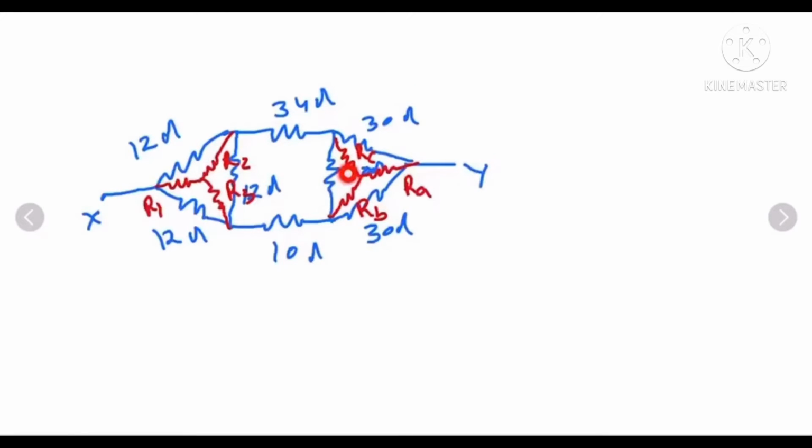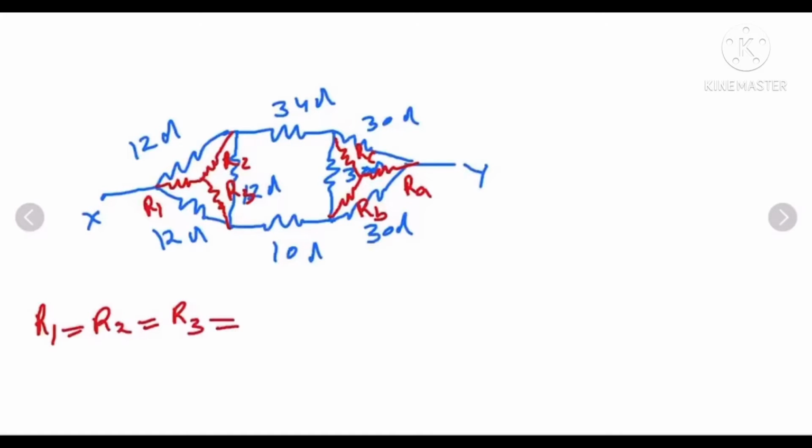of all elements. So if you remember, we have learned one formula. If we have the same values for all resistors of a delta, we can find the value of the star elements directly, that is nothing but R divided by 3.